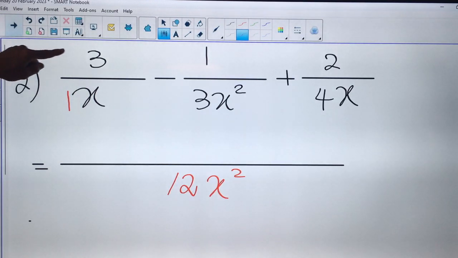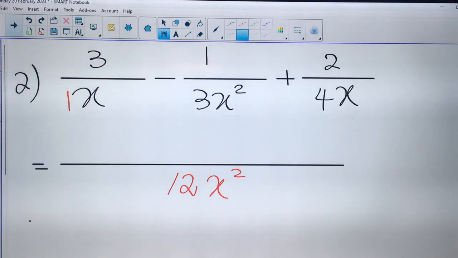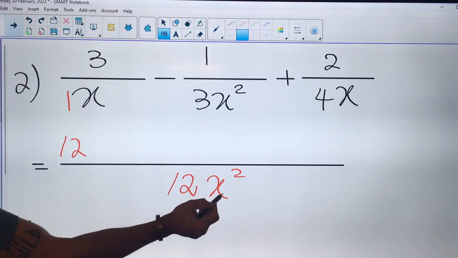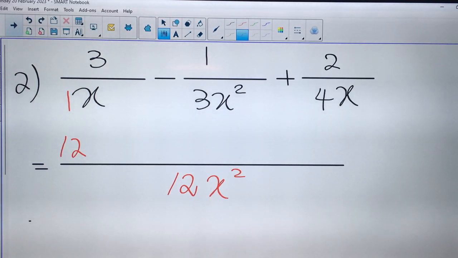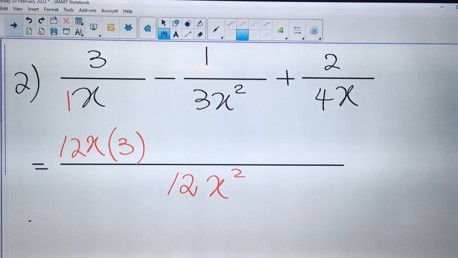Okay, now let's start here. What did I multiply 1 with to become 12? 12. What did I multiply x with to become x squared? X. Can you see there is the 3 still that was on top?